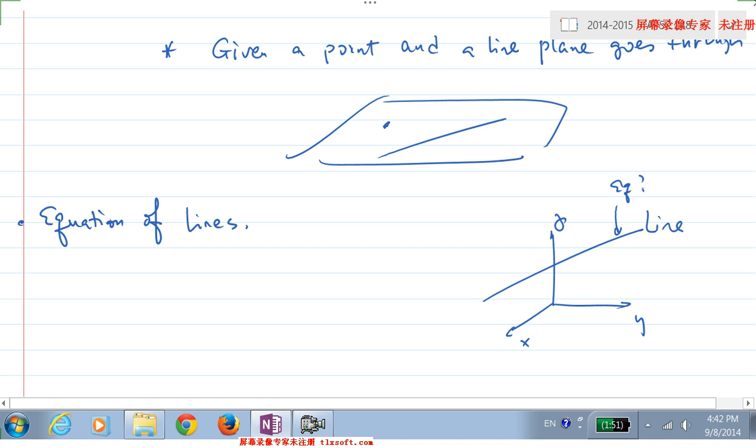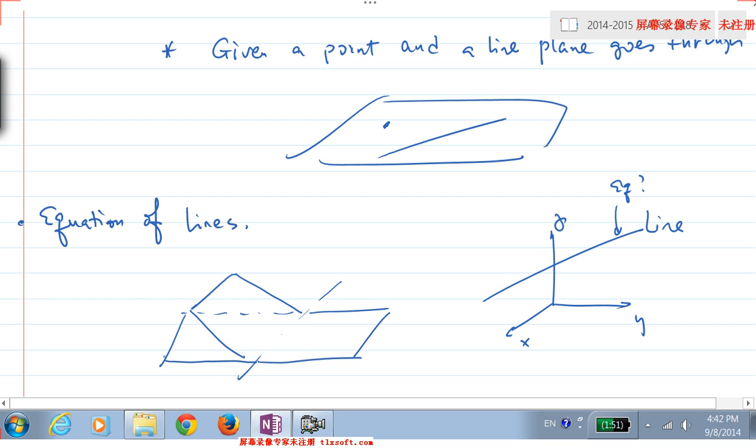Now, if I think back on the plane, what gives us a line? When two planes intersect each other, you get what? Pardon my drawing.